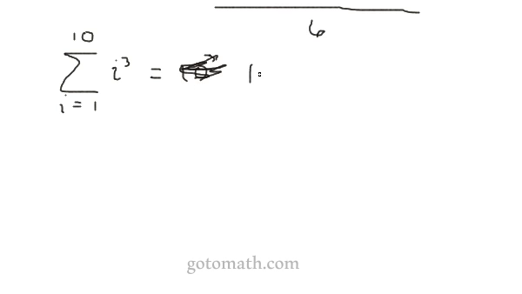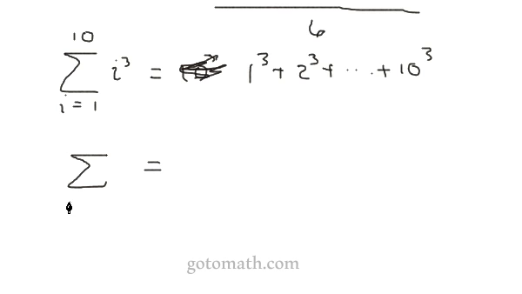So last but not least, let's say we had i equals 1 to, let's say, 10, and this time we had i cubed, right? So this is 1 cubed plus 2 cubed plus dot dot dot plus all the way up to 10 cubed, and of course you would add that stuff up.